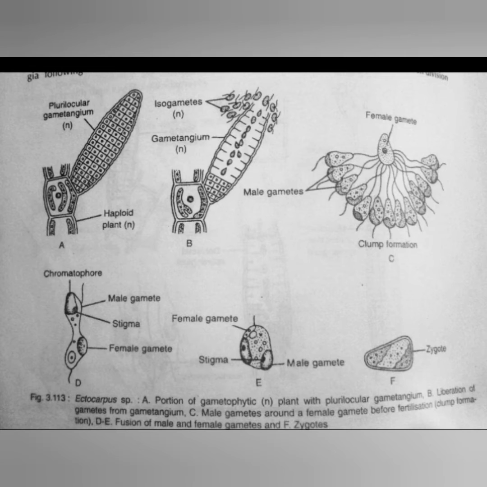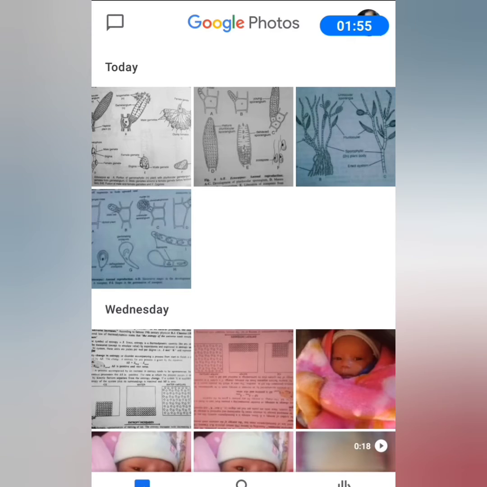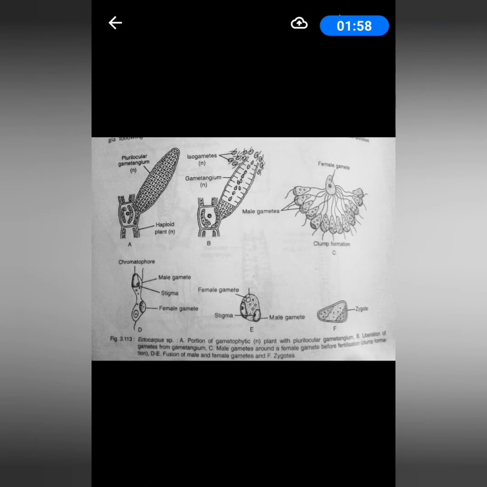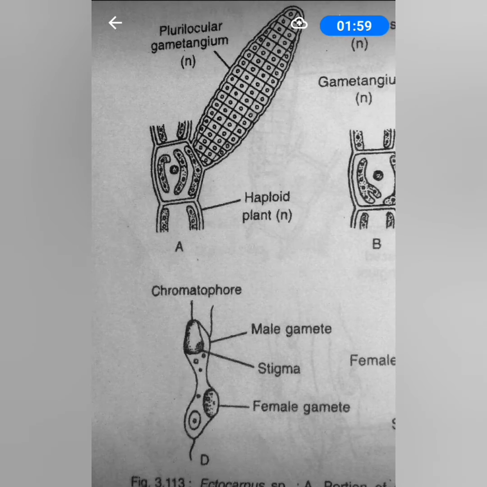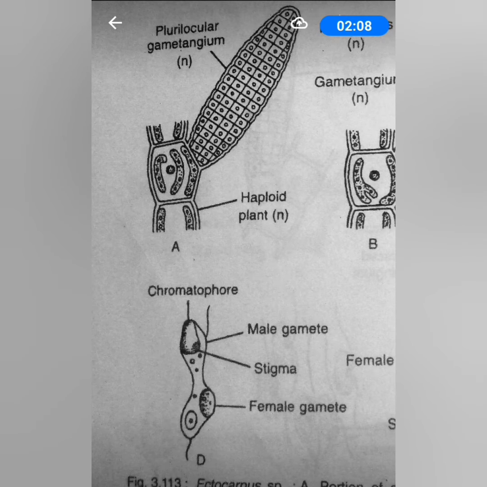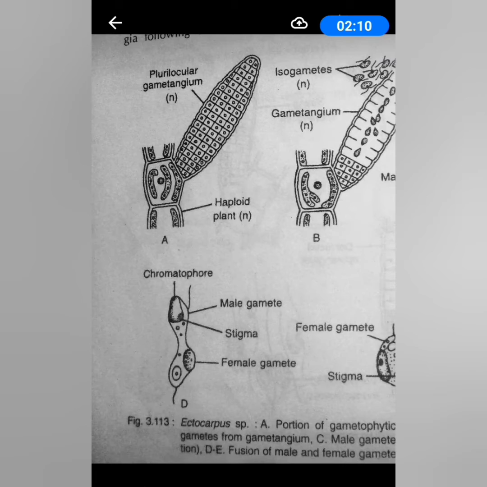These gametes are produced inside the plurilocular gametangia. As you can see here in this figure, these are the plurilocular gametangia, developed on the haploid plant. Now, the development of these plurilocular gametangia is very much similar to the plurilocular sporangia.